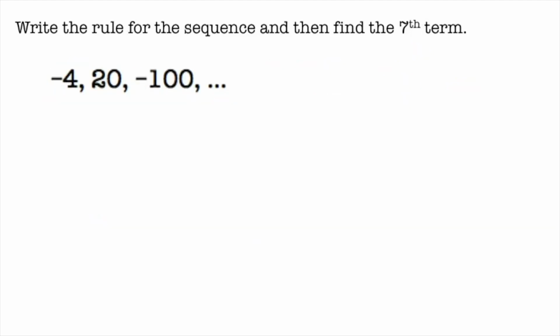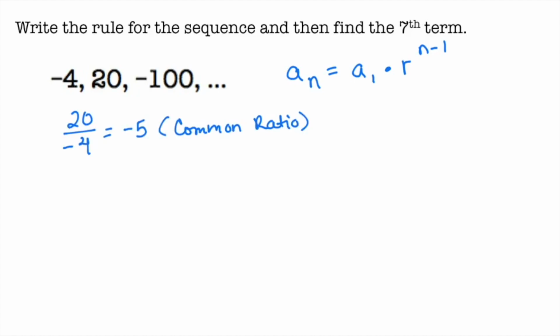Okay, and this one, same thing. We're going to remember our formula to find any term in a geometric sequence. So first you have to find the common ratio. So we're going to divide 20 by -4 and get -5. The first term is -4. So we just plug into our formula.